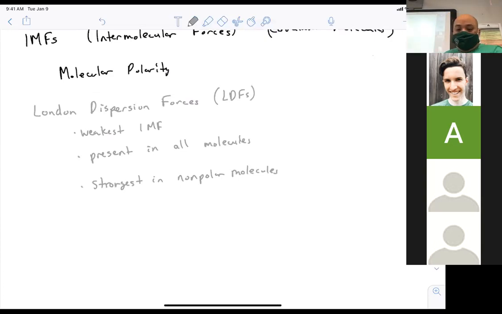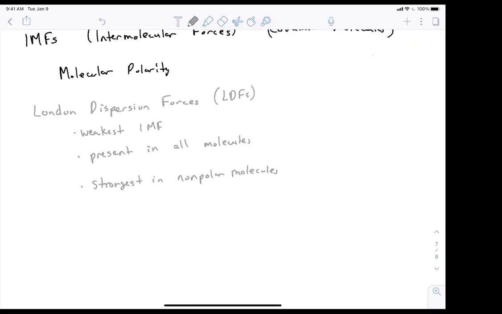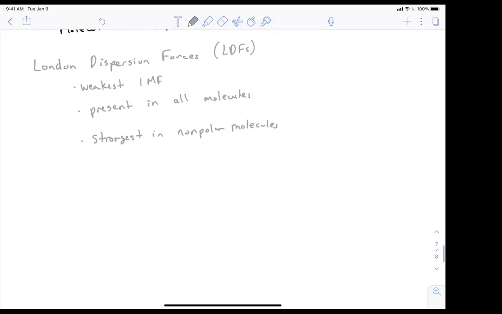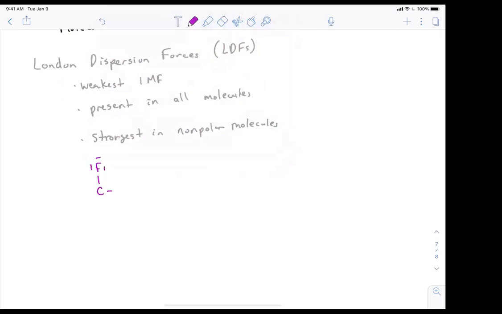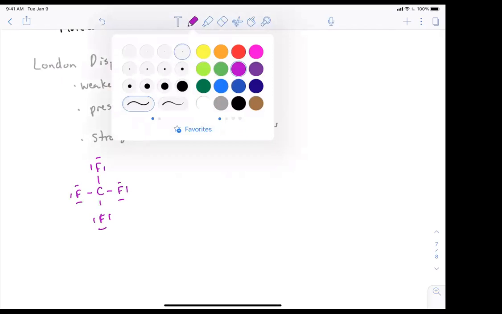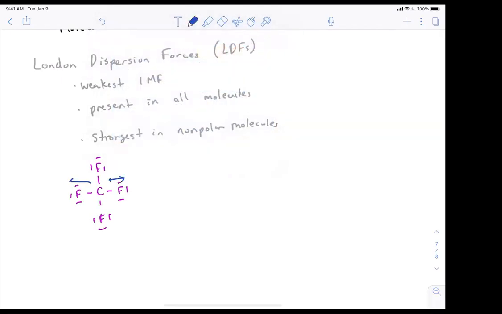What you'll see is looking at the bond polarities overall and seeing if there's a net difference in polarity. For example, something like CF4, even though each bond is polar, the fact that they're pulling in equal and opposite directions means the polarity cancels out, because around the outside of the molecule there is no difference in polarity.